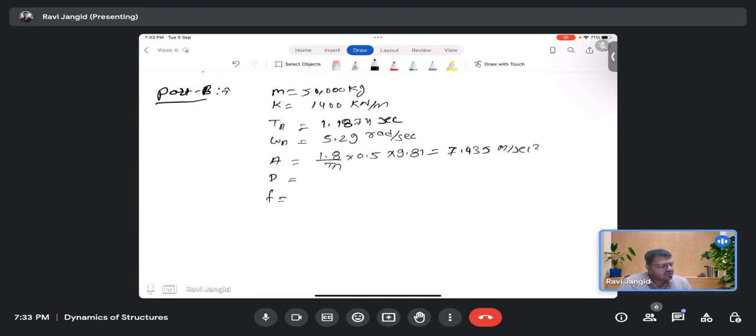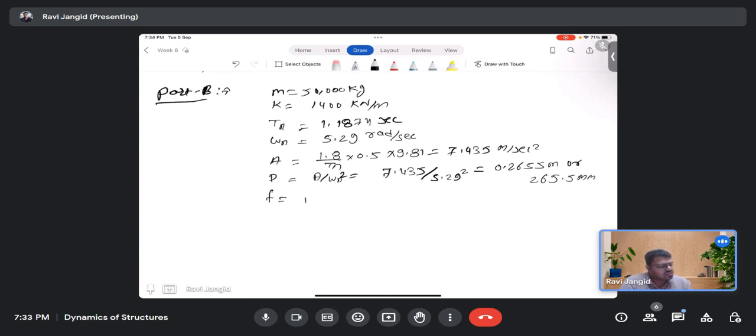So now I can calculate the D, which will be A by omega n square. So how much D am I getting? 7.435 divided by omega n, 5.29 square. So I am getting it as 0.2655 meter, or 265.5 mm.